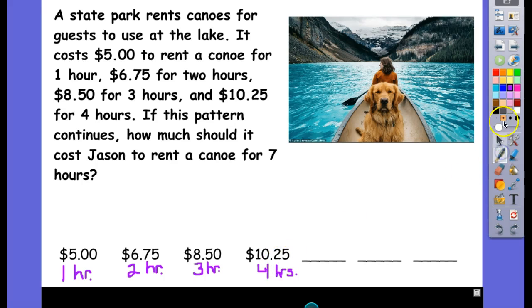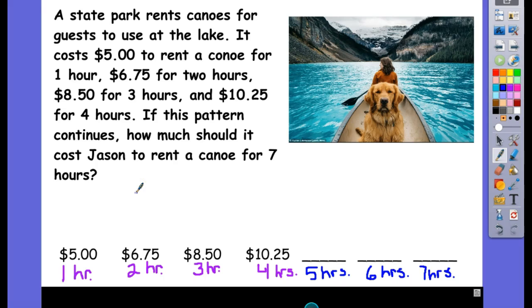So we're going to have to find not just the next term, okay? That's not going to be enough because that's only 5 hours. We're going to want to go up to 6 hours and then even further to 7 hours. So we're going to have to find several terms in order to find the answer to our question.